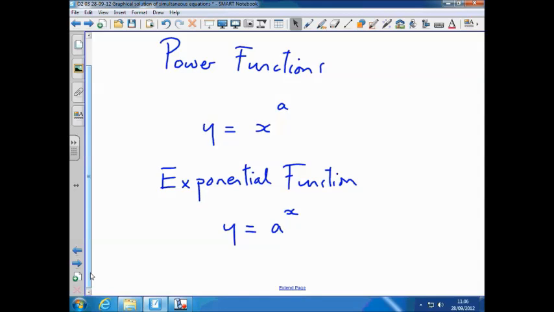It's called the exponential function because the exponent, which is what we sometimes call the power, is where the independent variable is. That has a similar shape to the top one, but in that case x is actually in the power rather than the power being the base. So in the power functions, x is the base.